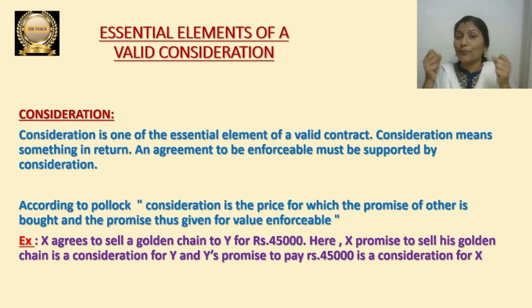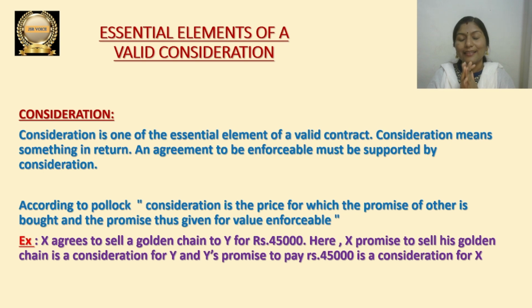Okay. So here both parties, X as well as Y, are having something in return. X is ready to sell the gold chain to Y. So Y's consideration, what is he getting? The gold chain. He is going to receive the gold chain. And what is X going to receive? 45,000 rupees. So both are going to get benefit out of that contract, out of that agreement. So both have consideration.